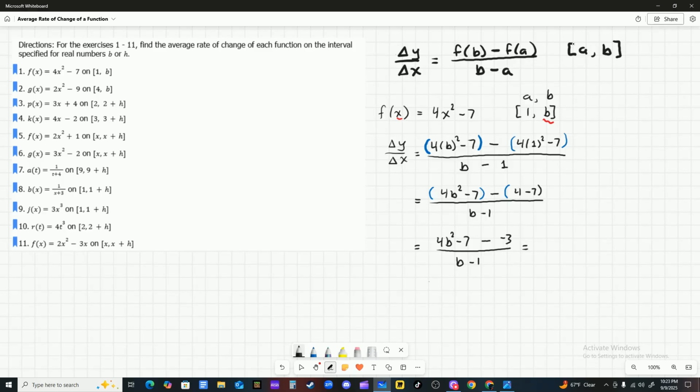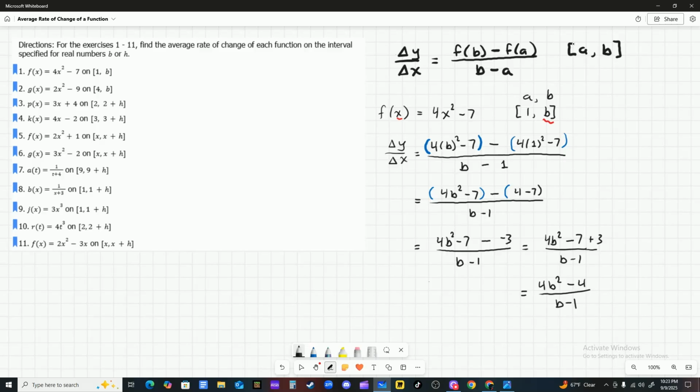So we have 4b squared minus 7 minus a negative 3, which is the same as plus 3, over b minus 1. And minus 7 plus 3 is equal to minus 4, divided by b minus 1.